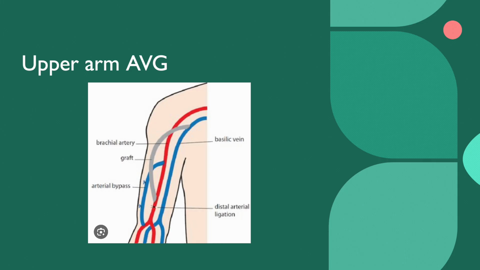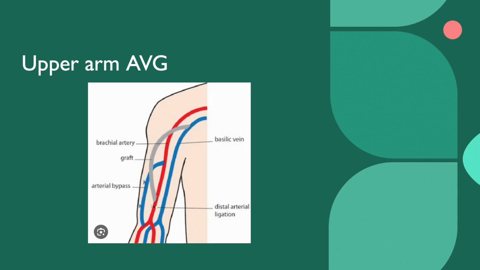You can see right here, they've hooked in to the artery at the mid upper arm, and then into the vein, the basilic vein, at around the armpit area, around the axillary area. So it is an option if you don't have a basilic or cephalic vein that's big enough or good. You can use a graft.